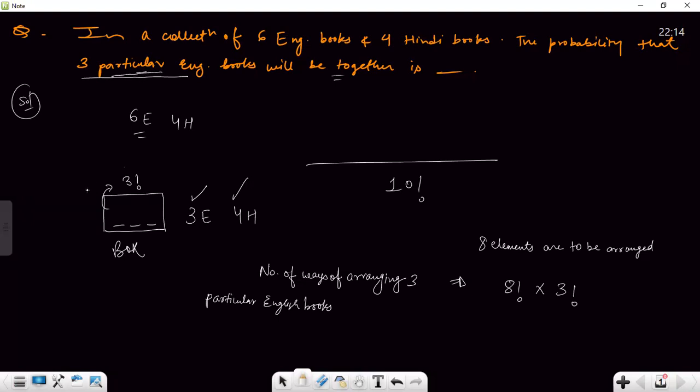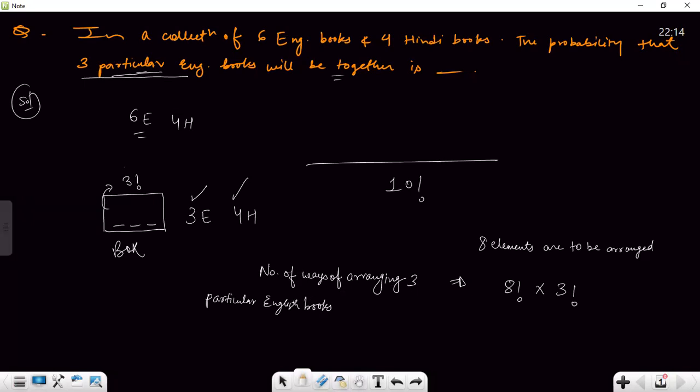If it was given that any 3 English books should be arranged together, then we would have to first select 3 books out of 6, and this would also get multiplied with the number of cases. But not in this case, because there are no any three English books; there are 3 particular English books which are already selected, which have to be together. That is the difference.